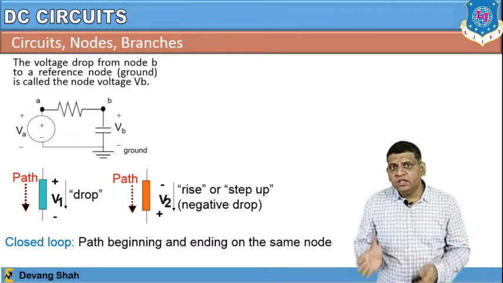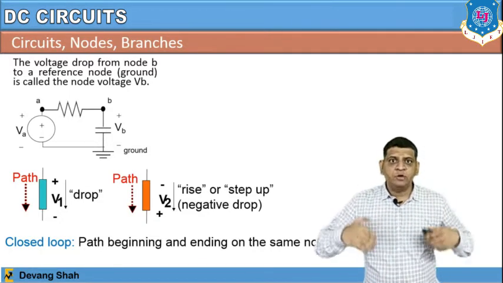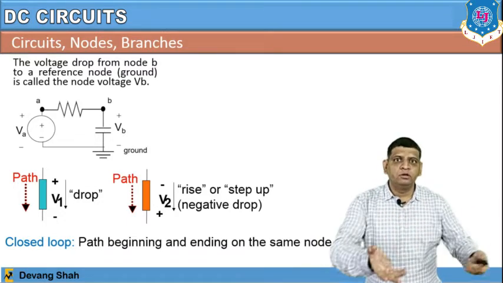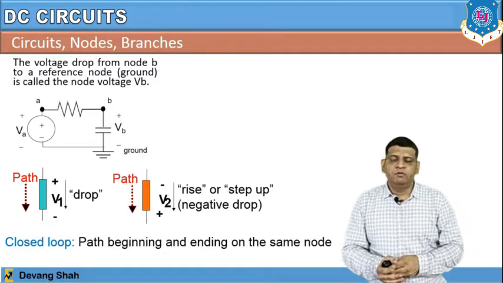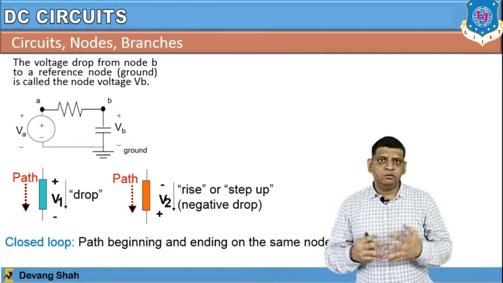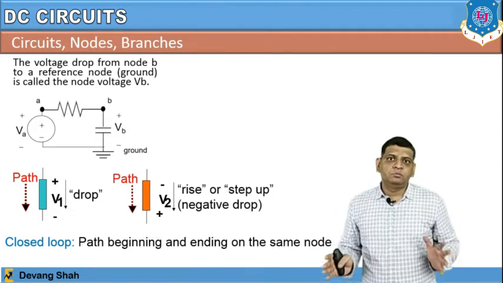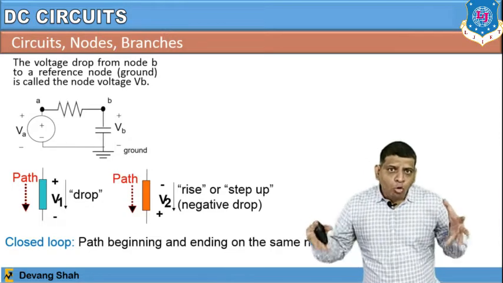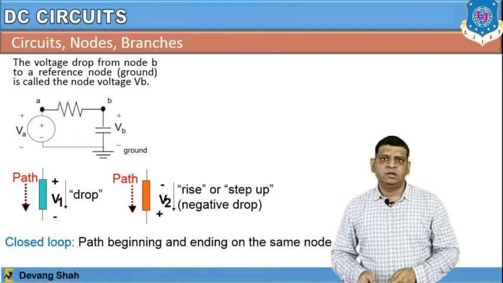Because when the current is flowing through any device or any resistance, that would have a voltage drop, and that particular voltage drop would drive or run your further circuitry or your appliances, right? So here we learned three important concepts. One is called the branch, another is called the node, and the third is that it must be a closed path. Once you connect all these three terminologies together, that becomes a circuit design, right?